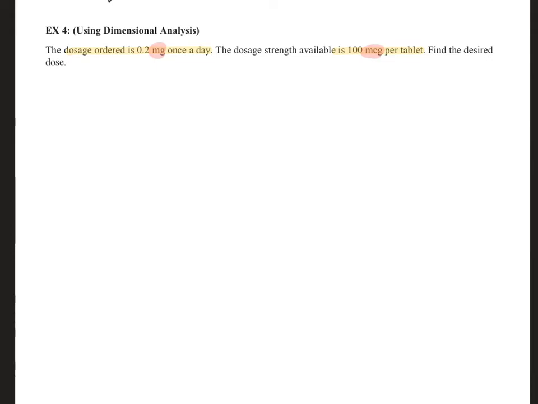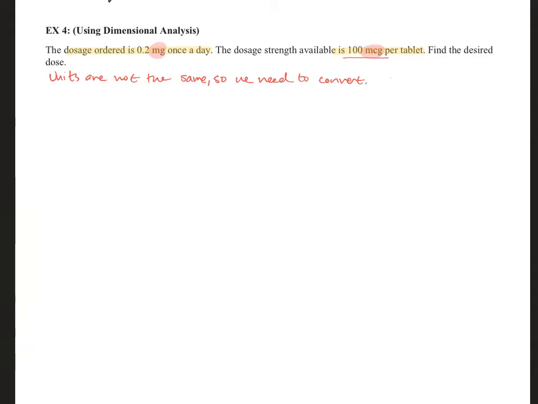Let's write this down. Units are not the same, so we need to convert. Remember, we're trying to go to what we have on hand, which is micrograms.